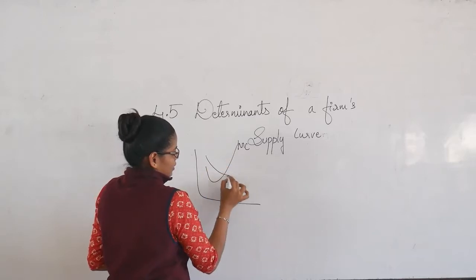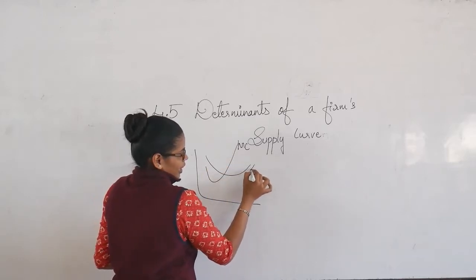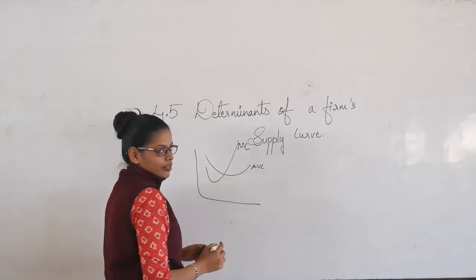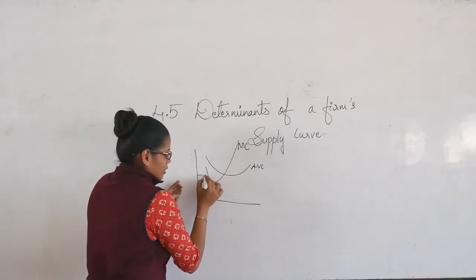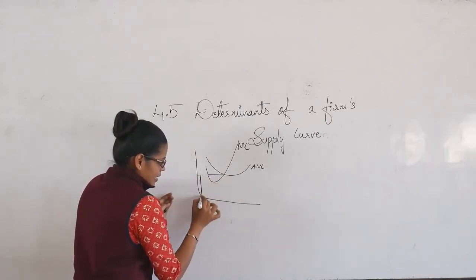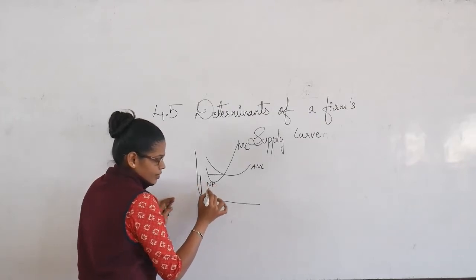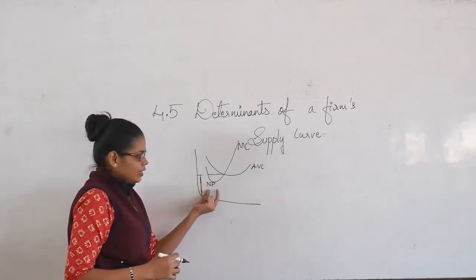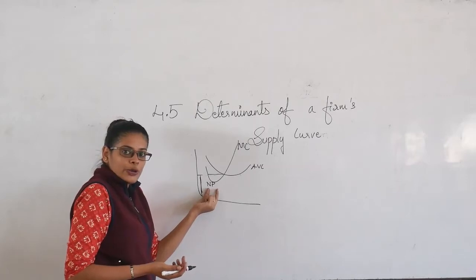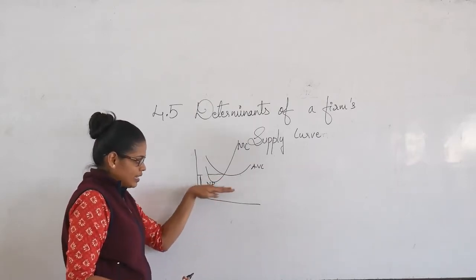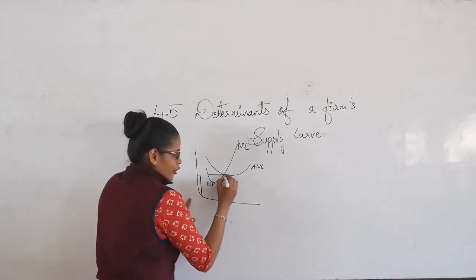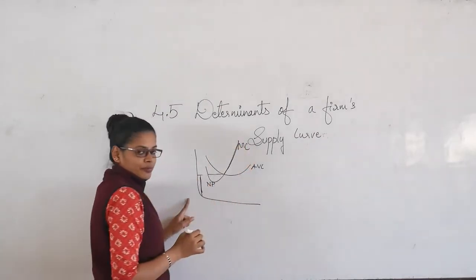We had the average variable cost curve, right? This area is the no production area, wherein the company does not wish to produce any output if it is falling in this area. From here, this is the supply curve, right?